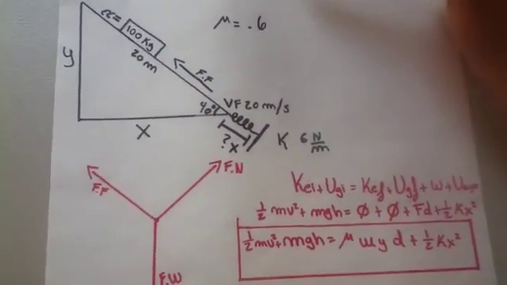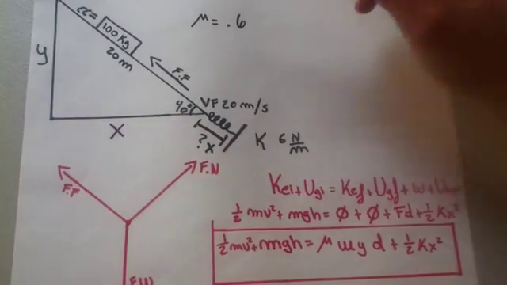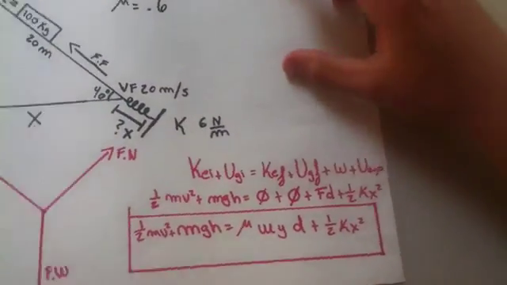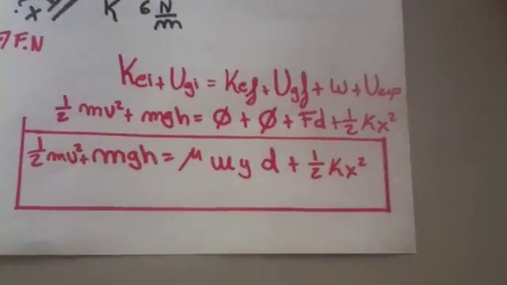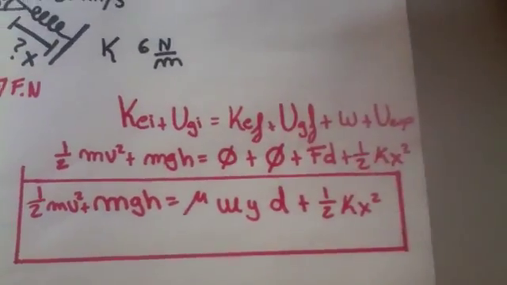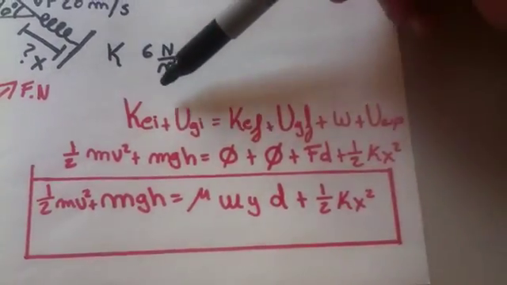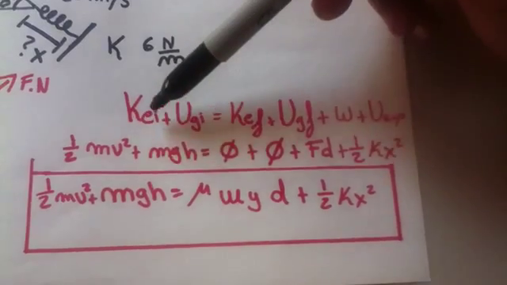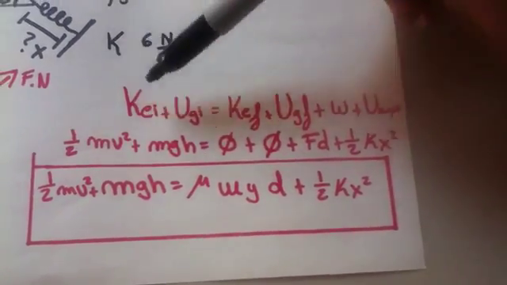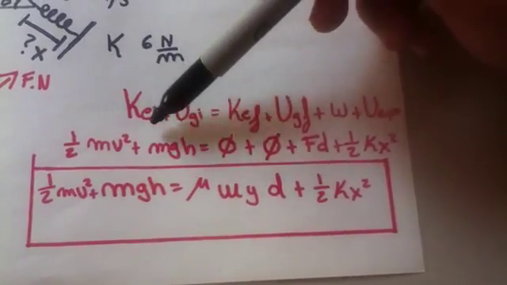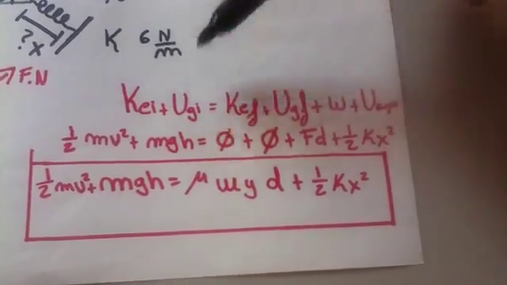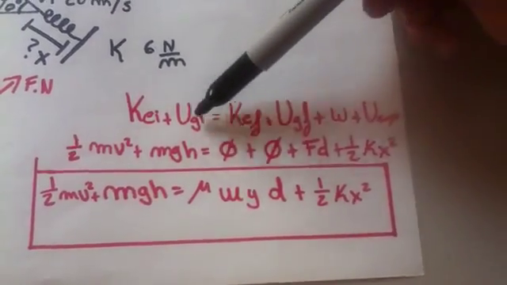Now, the first thing we should do is take a look at the conservation of energy formula we have right here. So first we analyze how much kinetic energy our problem has at the beginning, our initial kinetic energy, plus our initial gravitational energy.